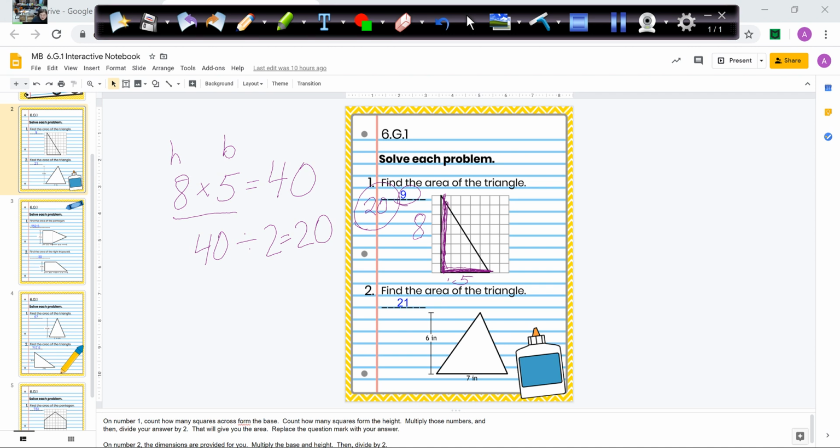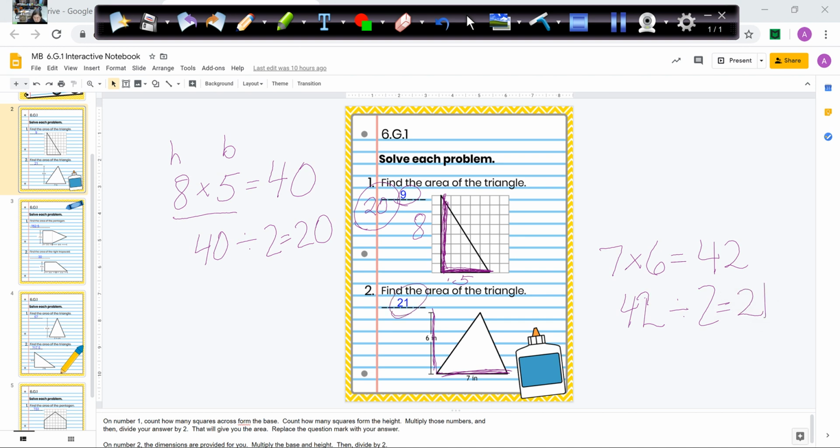Okay, on number 2, you actually did this one right, but I'm going to show you. Here our base is 7, and our height it told us was 6. So 7 times 6 equals 42. Then we take the 42 and divide it by 2, and that gives us 21.